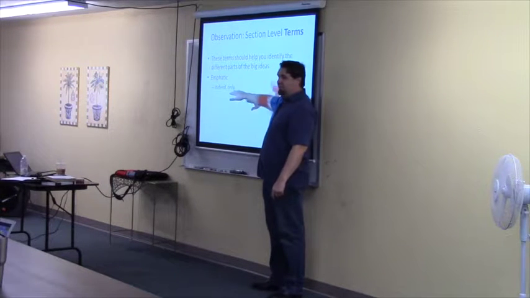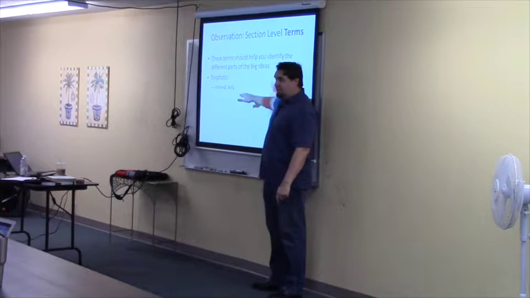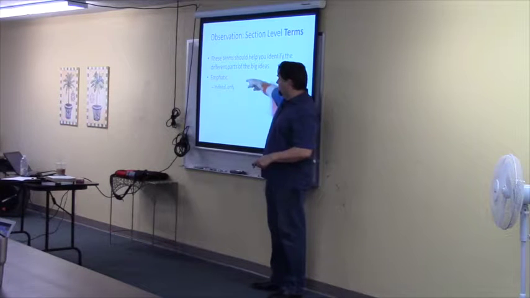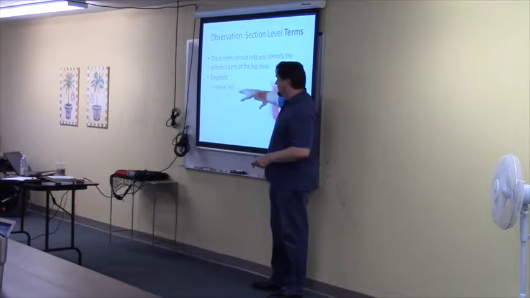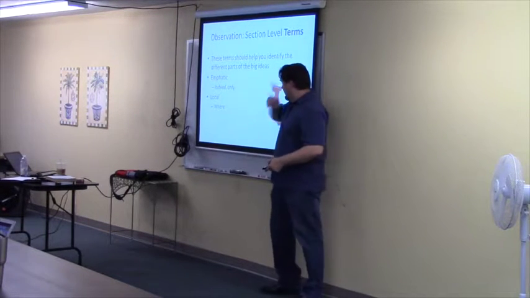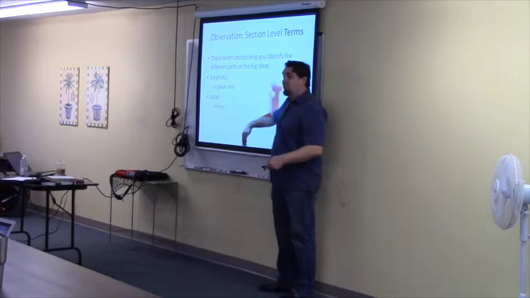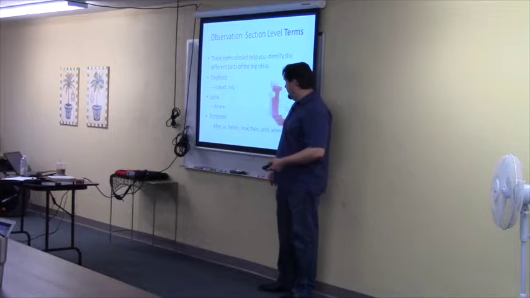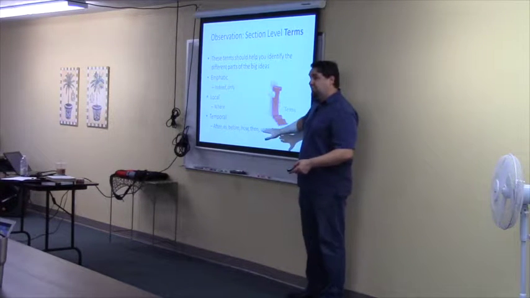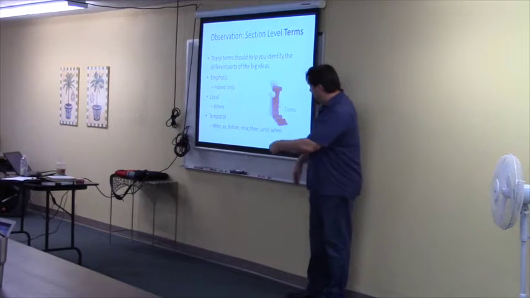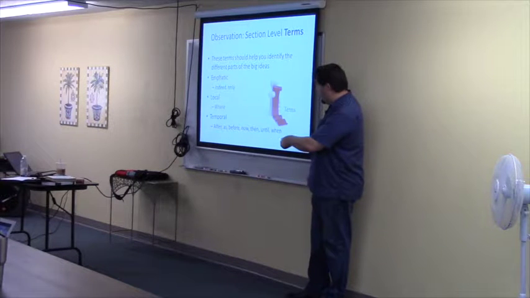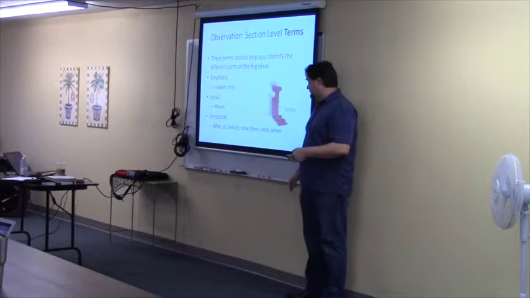Just recognize that when there are these key terms, something's going on. So here's, for emphasis, these emphatic terms of indeed and only. Local, like a location. Words like where. Temporal, referring to time. After, as, before, now, then, until, when.